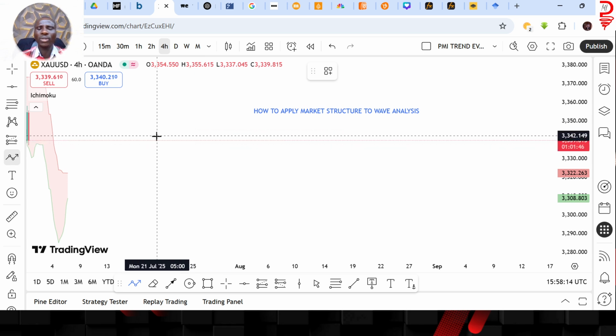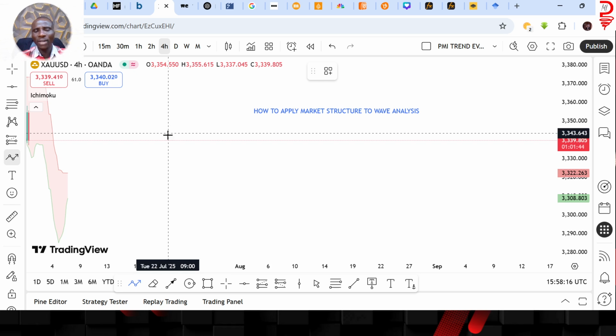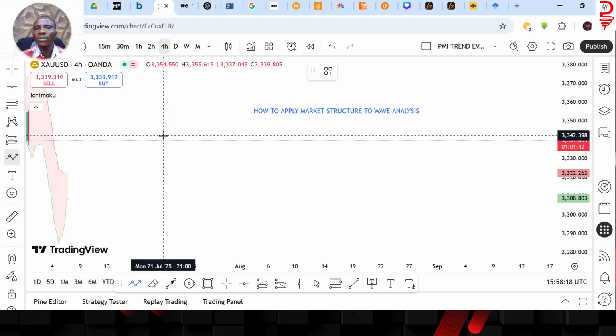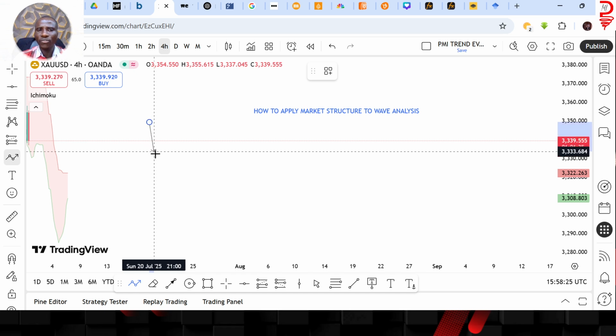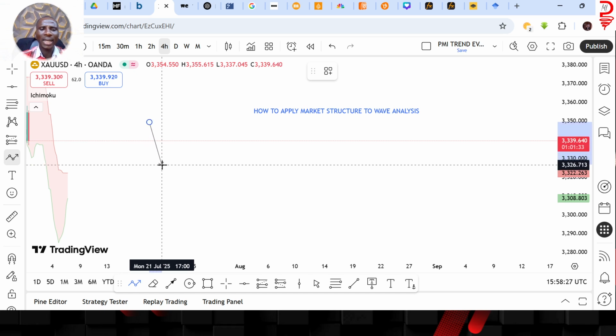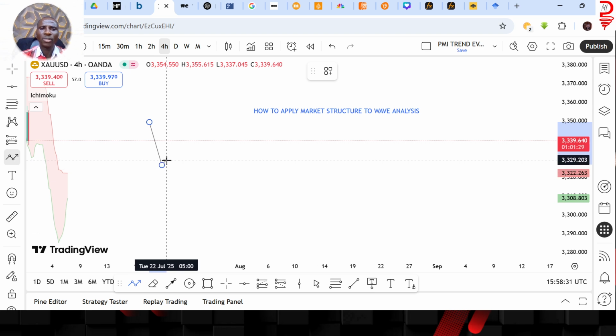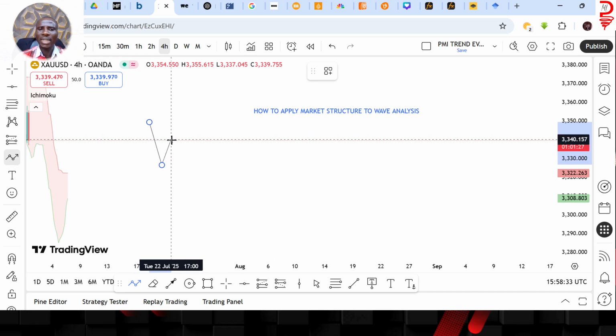Now, let's take, for instance, you are in a downtrend. Your downtrend is going to be forming a particular character. Let's say you start from this point and this is an impulse wave. So you have an impulse wave that is going to be followed by a corrective wave.